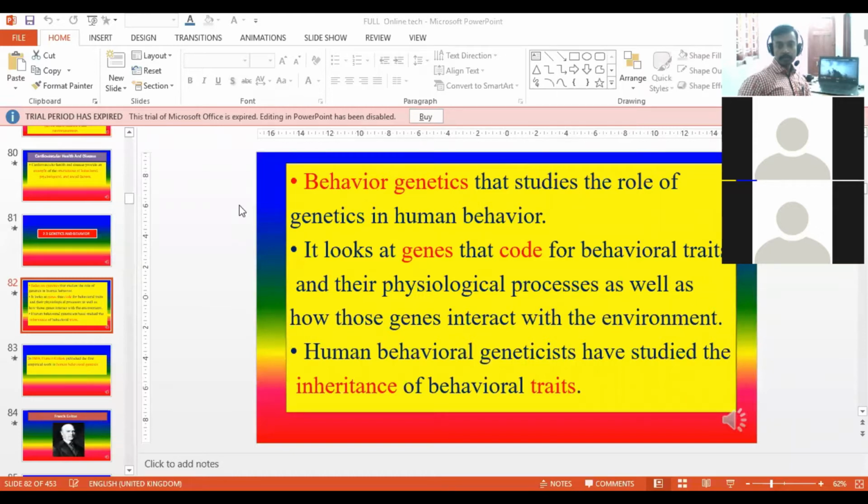Genes code for behavioral traits and psychological processes, which interact with the environment. It is a specialized discipline that studies the inheritance of behavioral traits.